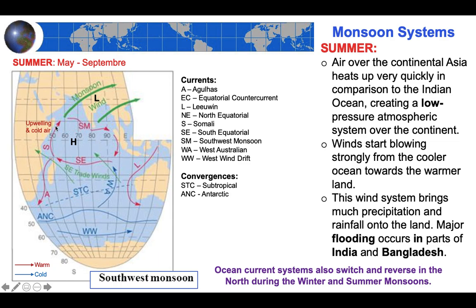The Somali Current, which was flowing to the southwest in the wintertime, has now reversed itself and is actually flowing to the north and northeast.